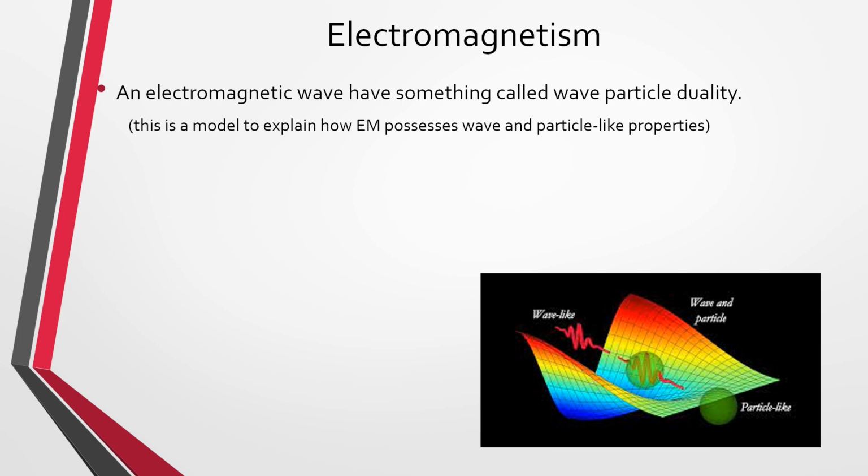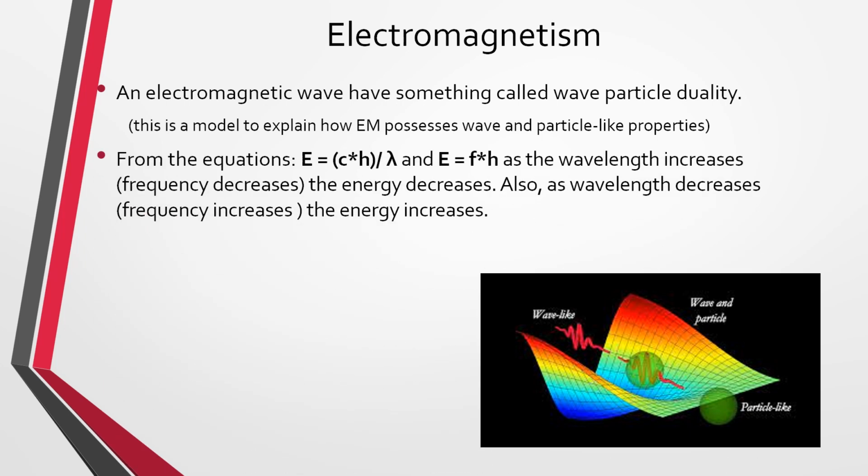So moving on, we'll talk about electromagnetism a bit. An electromagnetic wave has something called wave-particle duality. This is a model to explain how electromagnetism possesses wave and particle-like properties. There's a nice picture down in the bottom right that displays that it could be wave-like or particle-like.